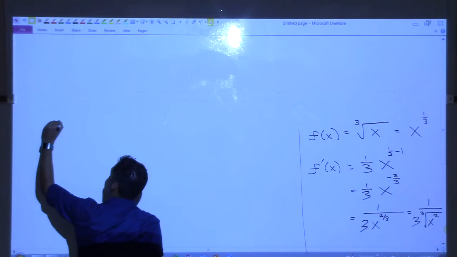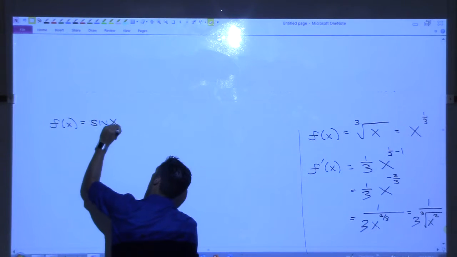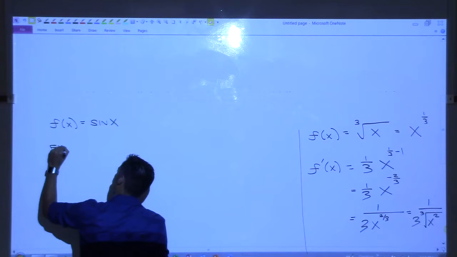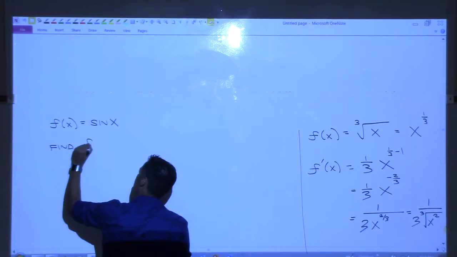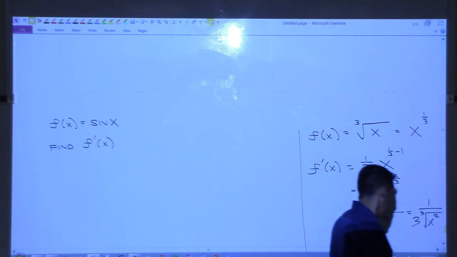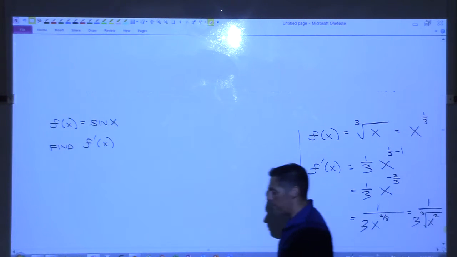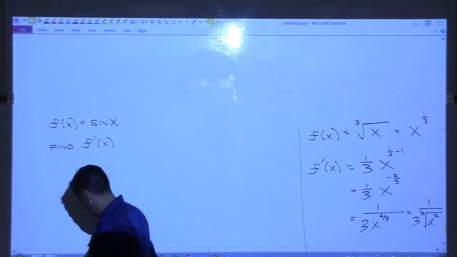I'm sure you've always wondered what the derivative of sine of x is. Now, we don't have a rule for this yet, right?